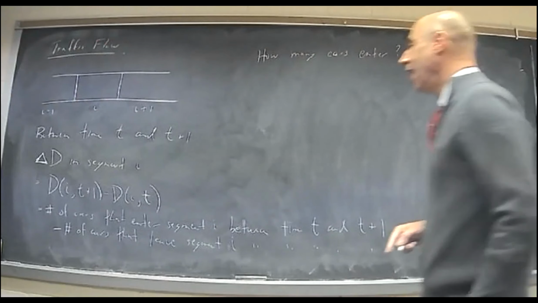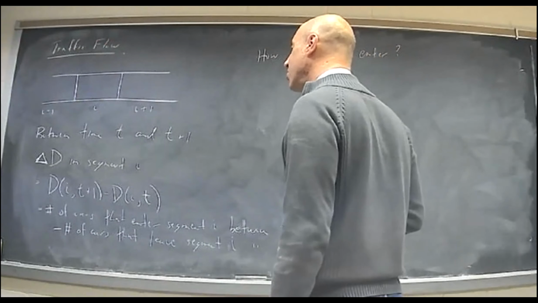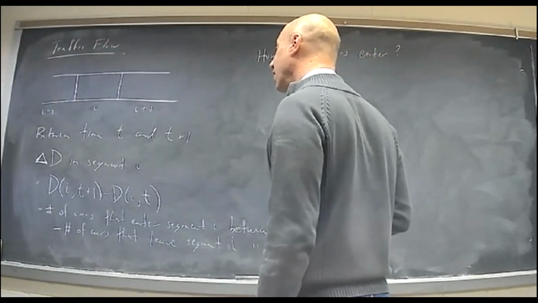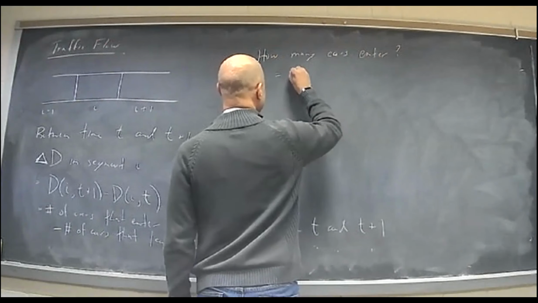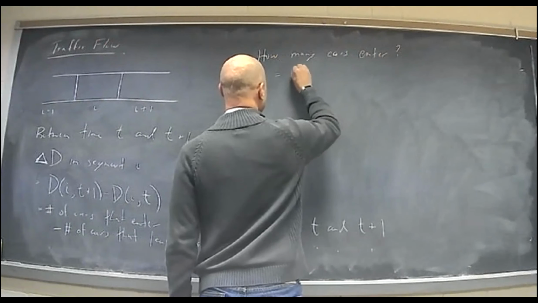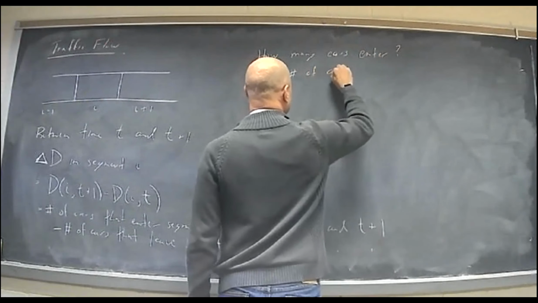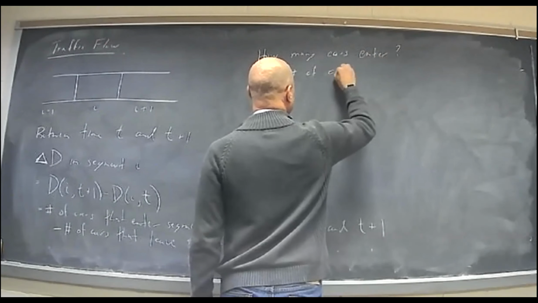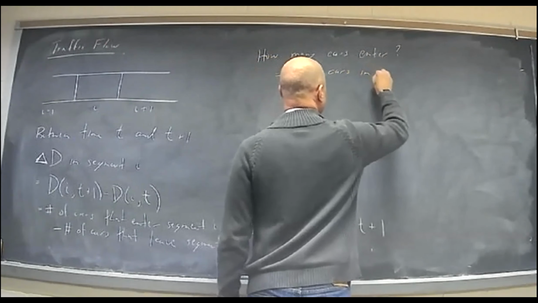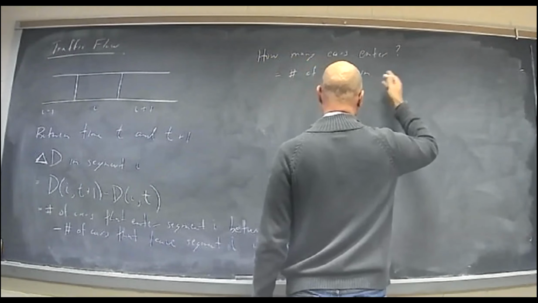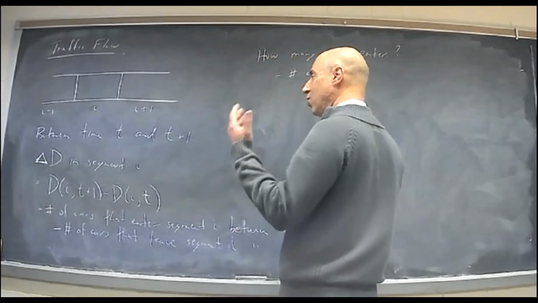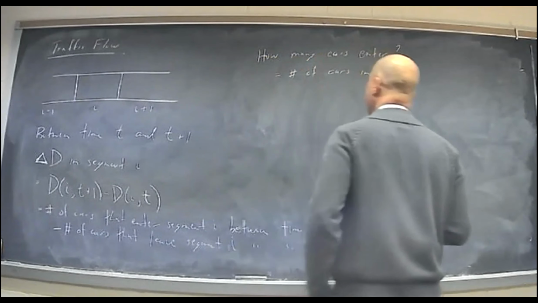This is going to be the number of cars in the previous cell. In other words, the density of cars in the previous cell, because the number of cars in a cell is the same as its density, because each cell is 1 mile long.